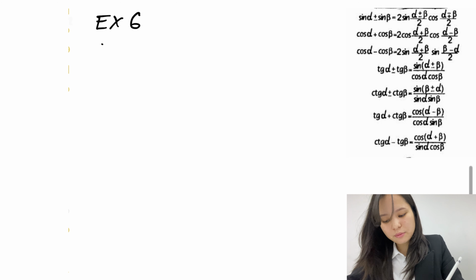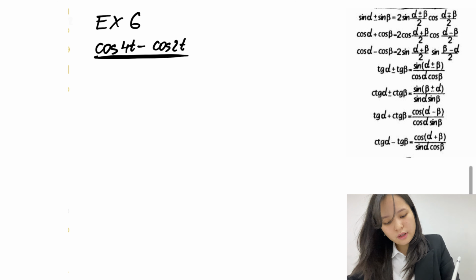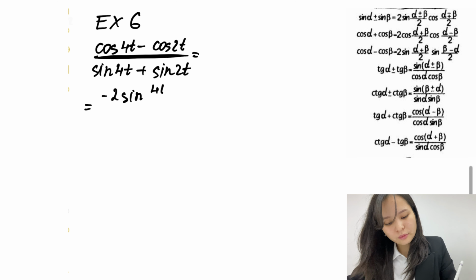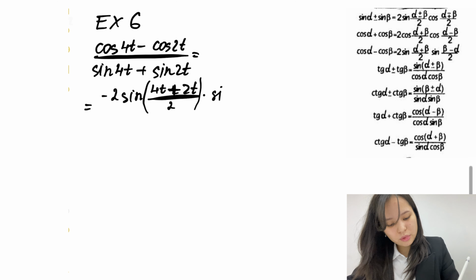It's the harder example. Given cosine 4t minus cosine 2t divided by sine 4t plus sine 2t. Look at these formulas and it will be equal to minus 2 sine of (4t plus 2t) divided by 2, multiplied by sine of (4t minus 2t) divided by 2.